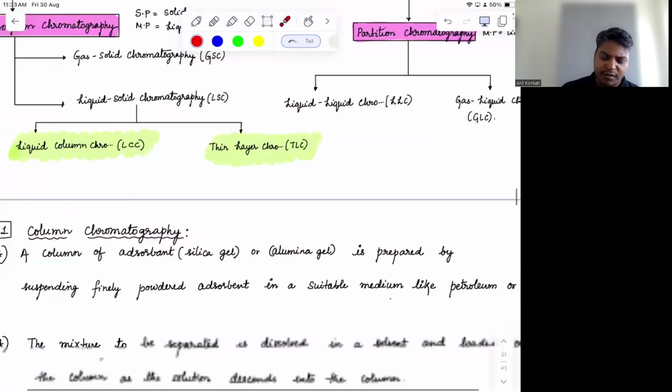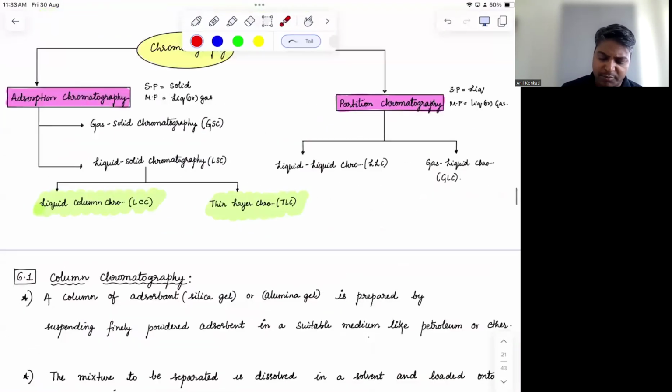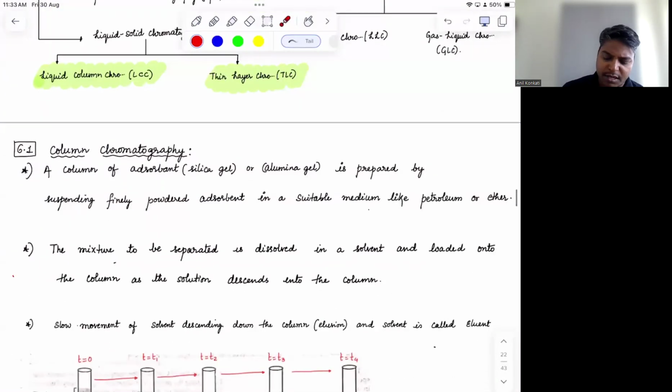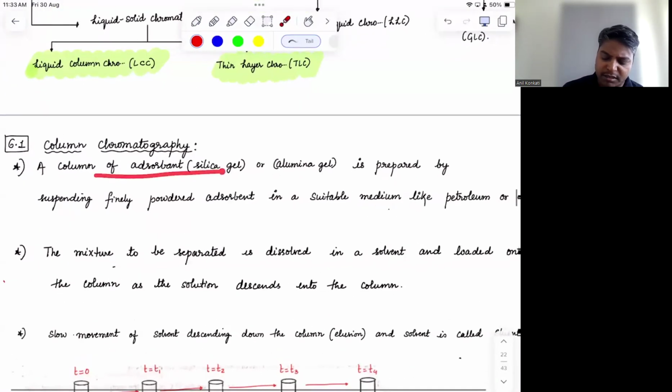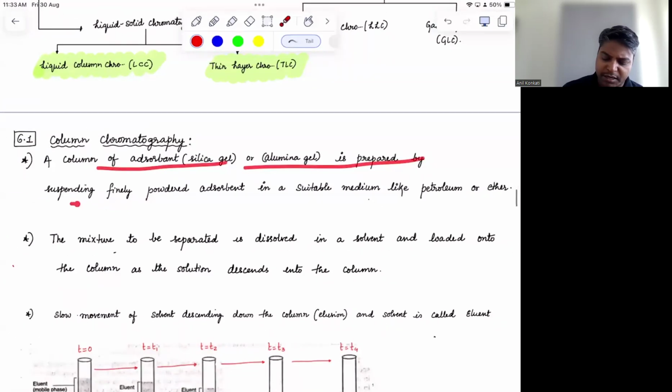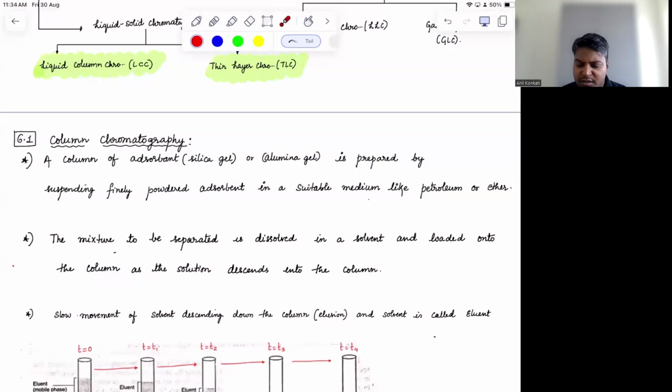Now, notice what is happening in column chromatography. A column of adsorbent silica gel or aluminum gel is prepared by suspending finely divided powdered adsorbent in a suitable medium like petrol or ether.